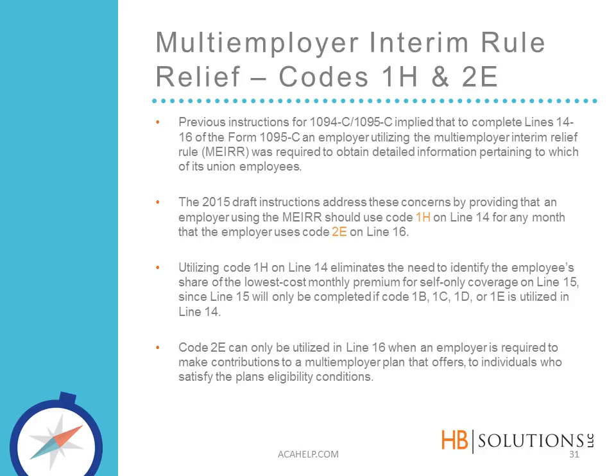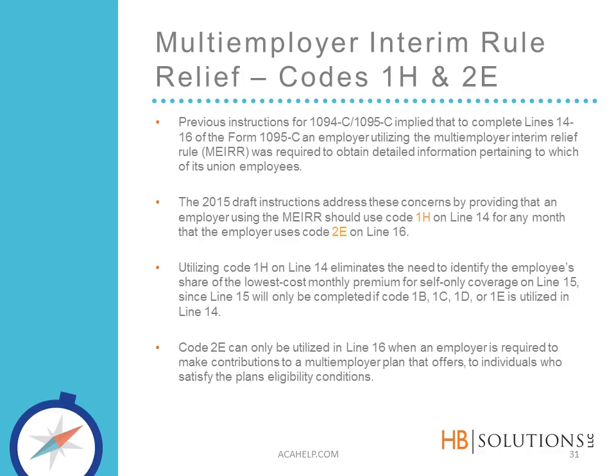Under prior guidance that was out, it was really unclear how the employer was going to complete lines 14 through 16 for these individuals. And that's because in most cases, employers don't know which of their employees are actually enrolled in a multi-employer plan, nor do they have information regarding the nature or cost of coverage offered under a multi-employer plan.